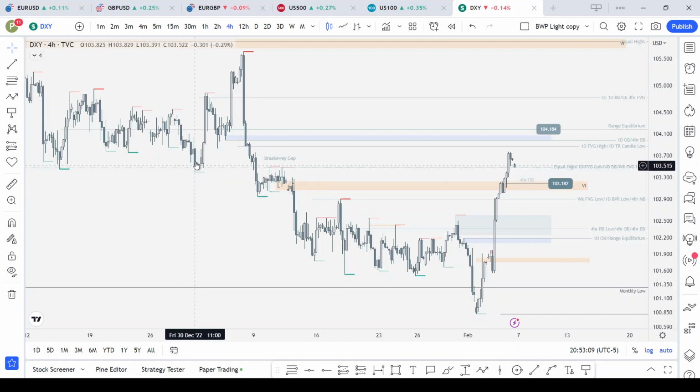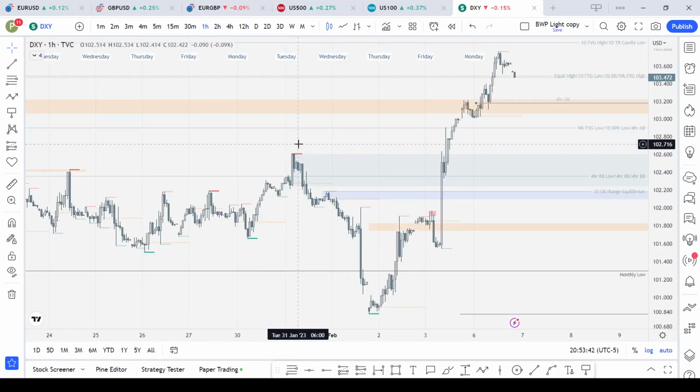We have a breaker here, which is what I think is leading to this retracement down here. So if this can continue to the downside to this level, perhaps fill this tiny little fair value gap and go for another leg higher, that is what I am anticipating. I might be wrong, but that is what I'm anticipating for the week.